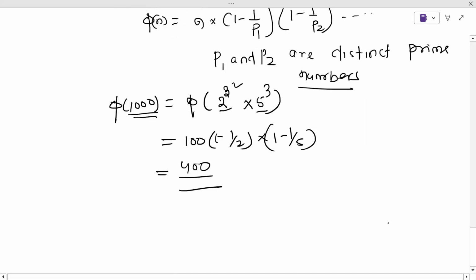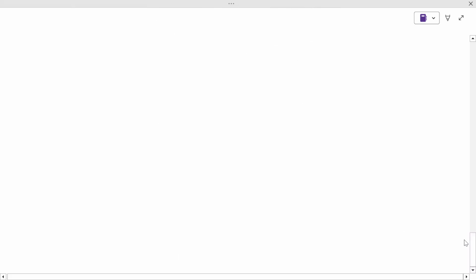How to evaluate this one? Now I'm going to the Mobius functions. What are Mobius functions?